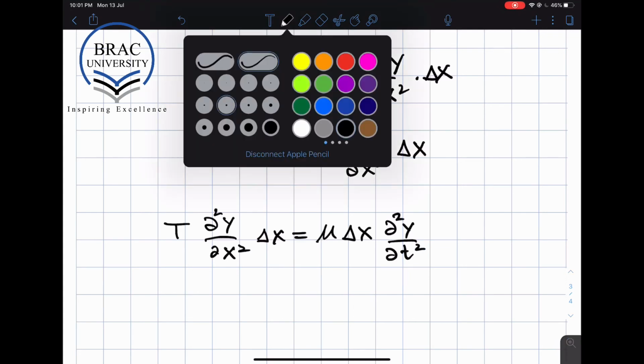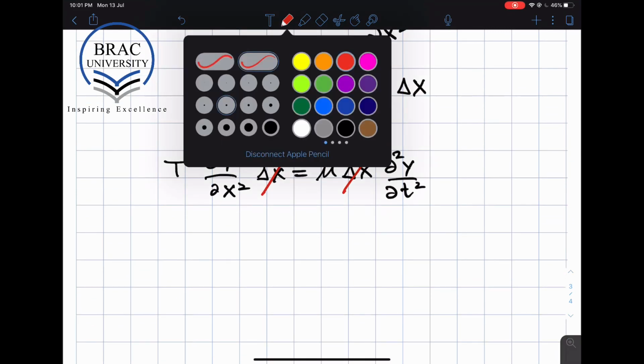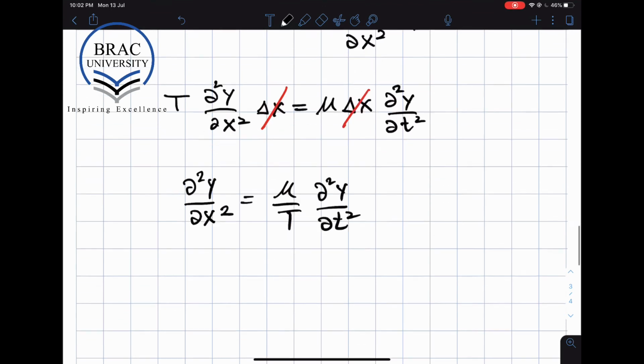All right. So now the delta x cancels out, and therefore we get from this equation the equation that we were looking for, which is partial squared y over partial x squared equals mu over T times partial squared y over partial t squared.